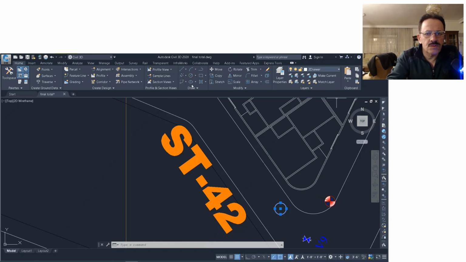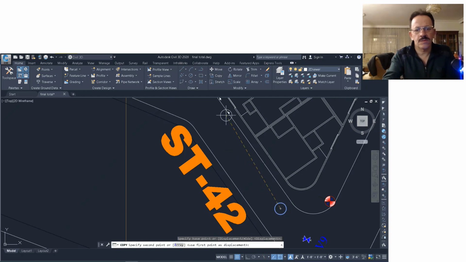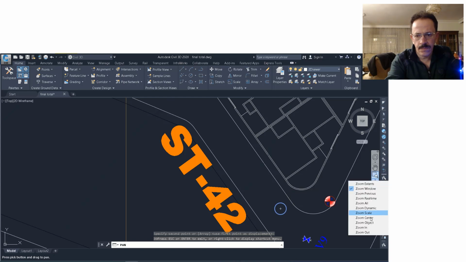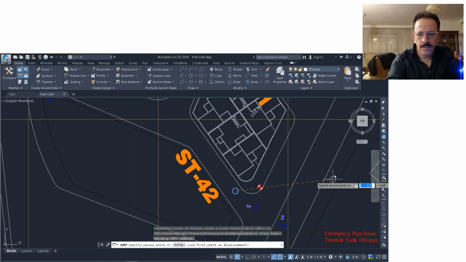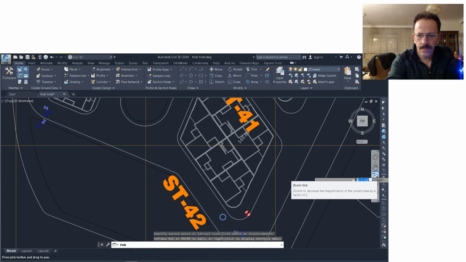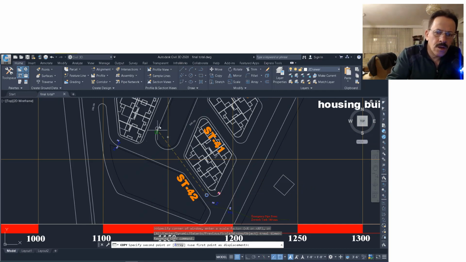You have to go to Modify and Copy, and I will copy from this point. Okay, I will do another one here, and it's better to make it on the center line, and there is another one here, and there will be another one here.